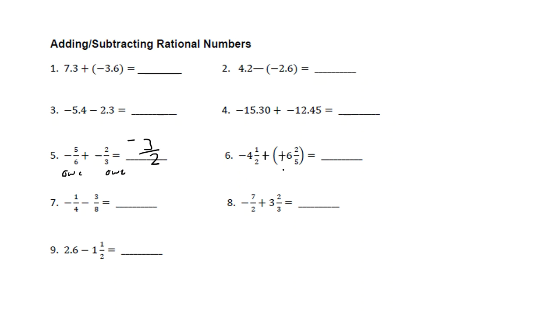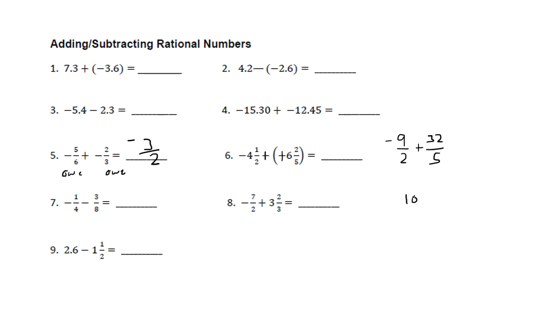Now, the easiest thing to do when you're adding and subtracting mixed numbers, when you're dealing with negative numbers, is to change both of these to an improper fraction. So 2 times 4 is 8 plus 1. This becomes 9/2. And then remember, this is negative. And then 5 times 6 is 30 plus 2 is 32/5. And remember, this one is positive.